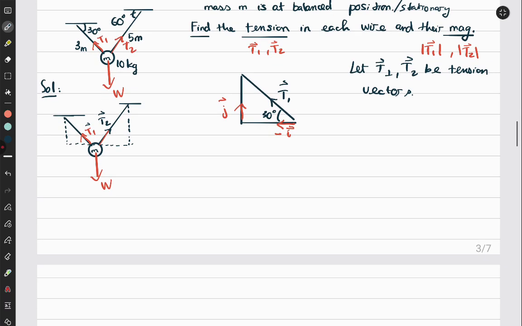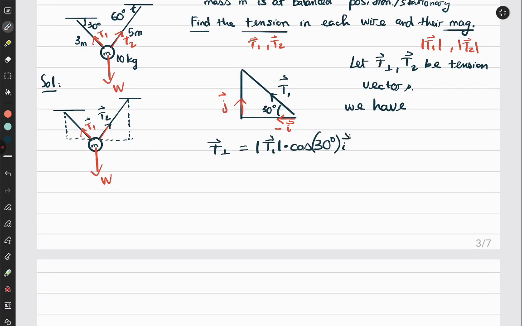We have T1 is the magnitude of T1 multiplied by cosine of 30 degrees multiplied by negative I, my bad, negative I, plus magnitude T1 sine 30 degrees J. Okay, let's put it down first. I'm going to explain why we have those two.